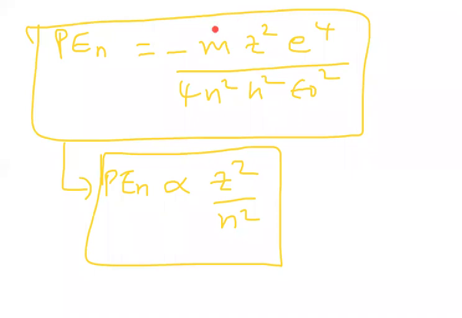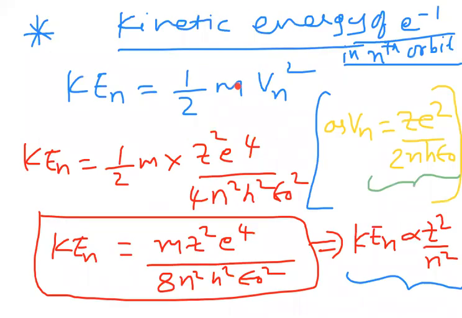This is the potential energy formula. And what is the formula for kinetic energy? Observe carefully here: kinetic energy is m Z square e power 4 by 8 n square h square epsilon naught square. So we take kinetic energy from here, potential energy from there. Now we are adding these two.